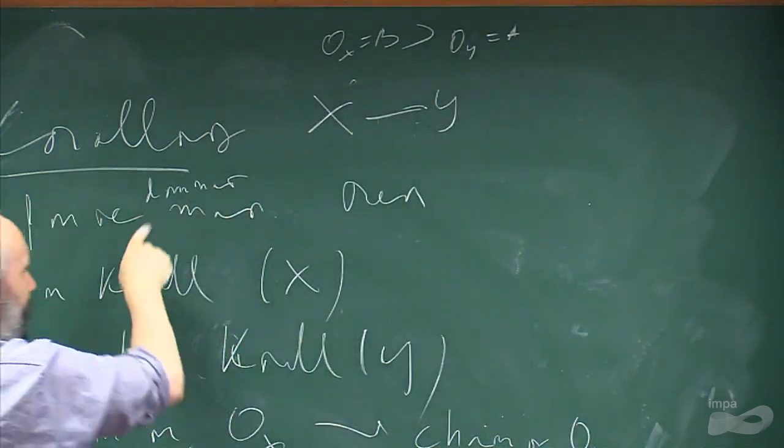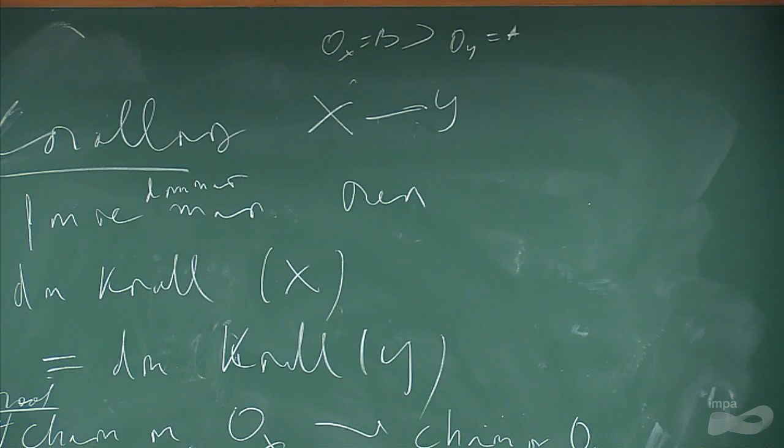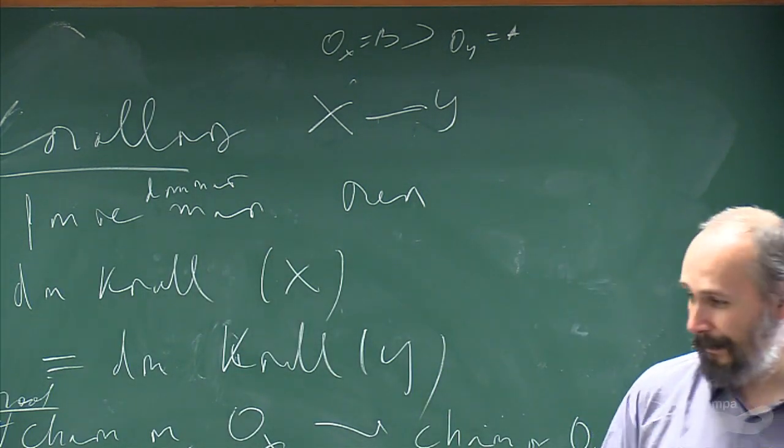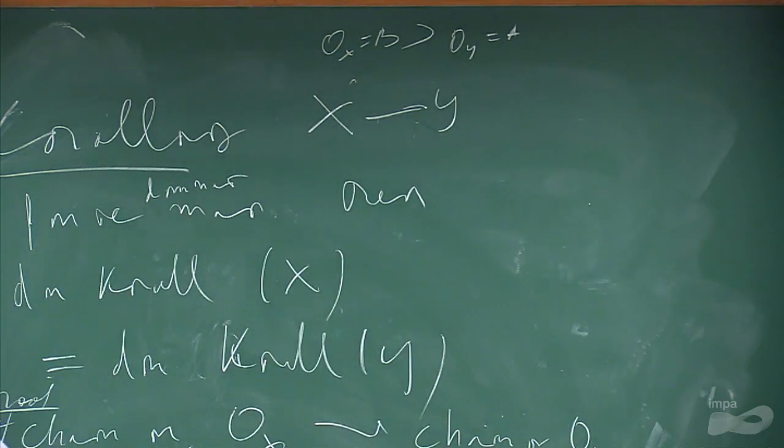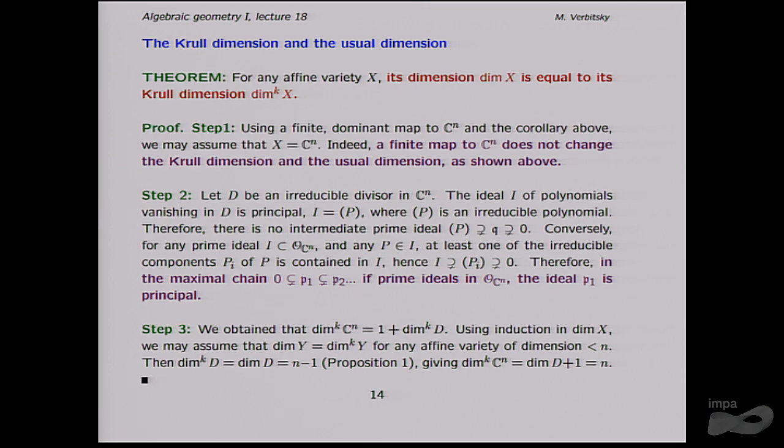So you have to assume dominant here. I think it's a finite dominant morphism, because a map from a point to C^n is also finite, and it's clearly bad. So for finite dominant, it works.